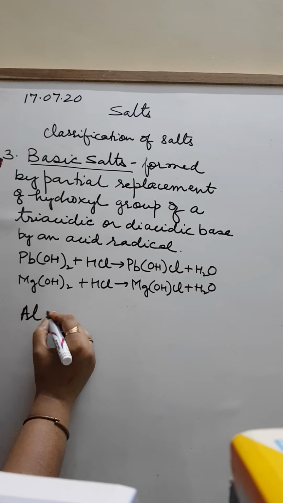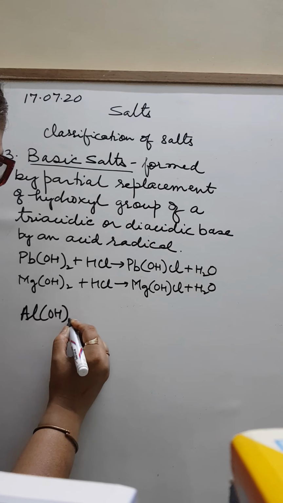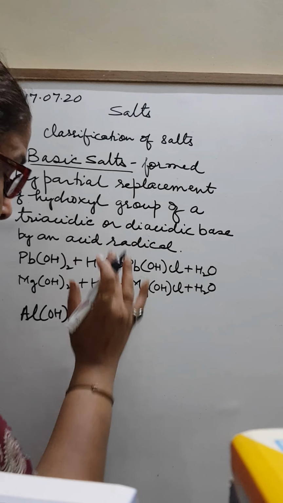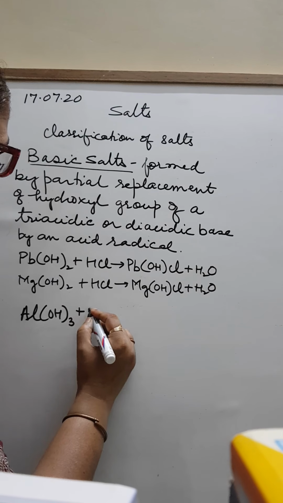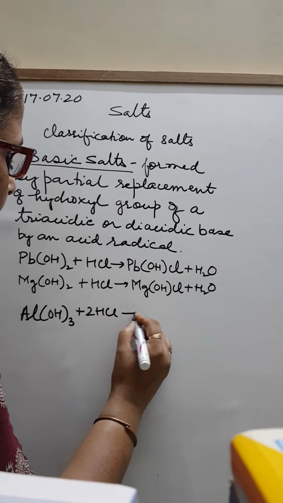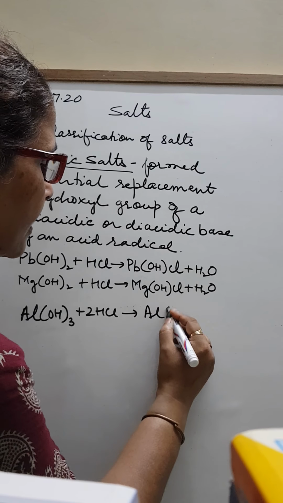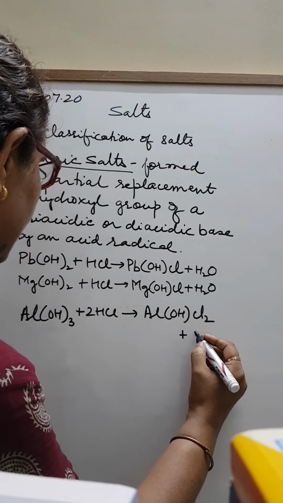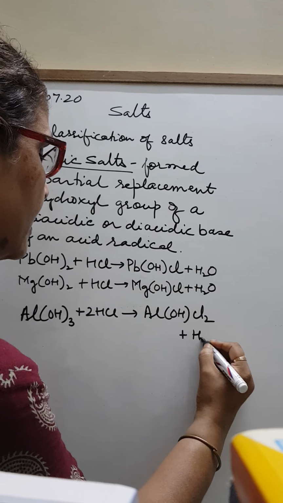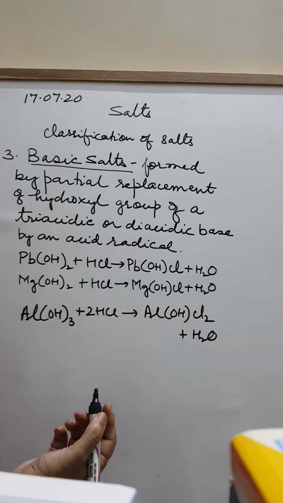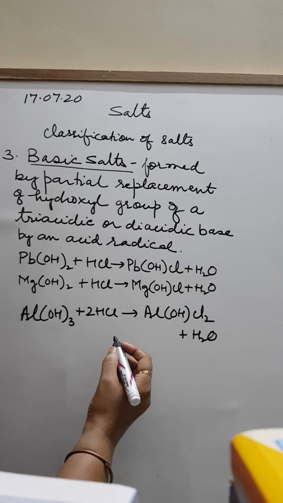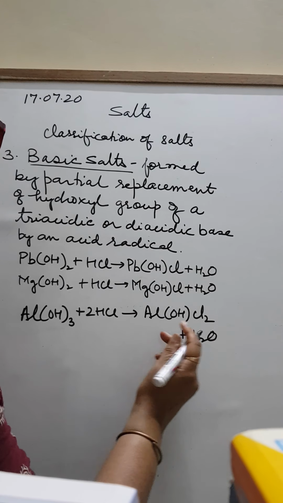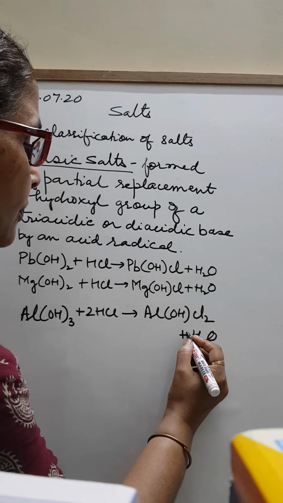Suppose I have Al(OH)3. Whether it exists or not is a different thing. But on paper we can see to this. And suppose I take 2 HCl by chance, I will get Al(OH)Cl2 plus 2H2O. Yeah, 2H2O.